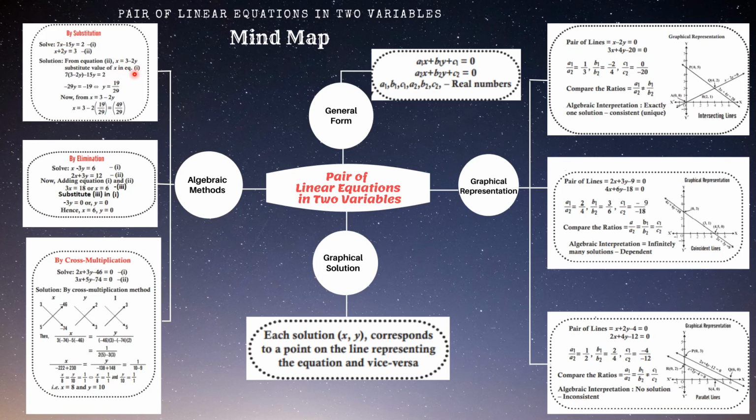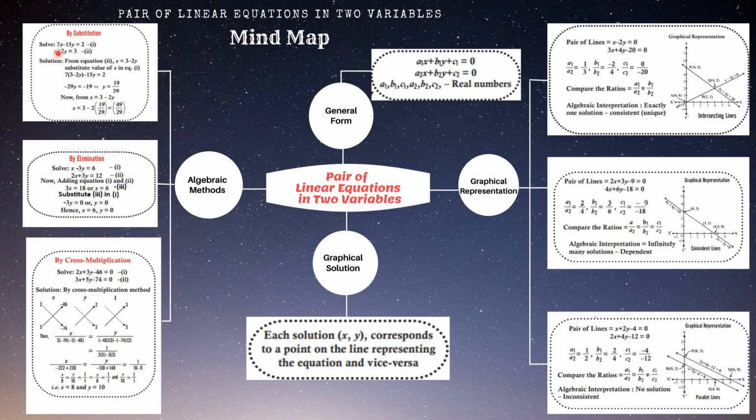And in the next step, we take this x value which we have got, that is 3 minus 2y, and we substitute it in the other equation, not the same equation from which we got this value of x, that is the second equation. We put it in the first one in place of x.